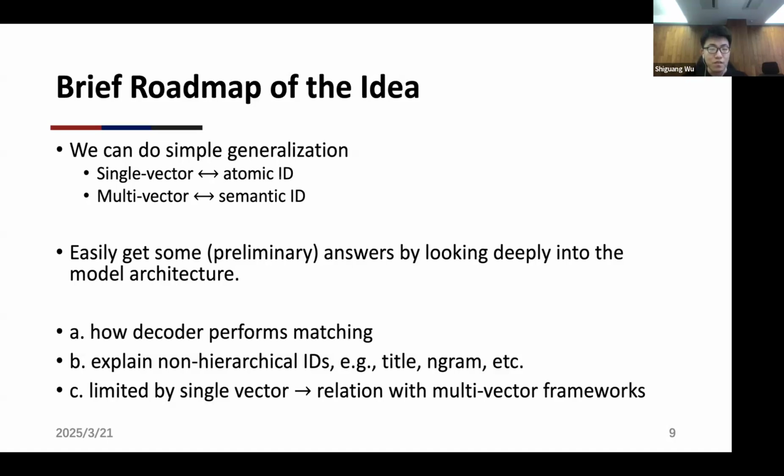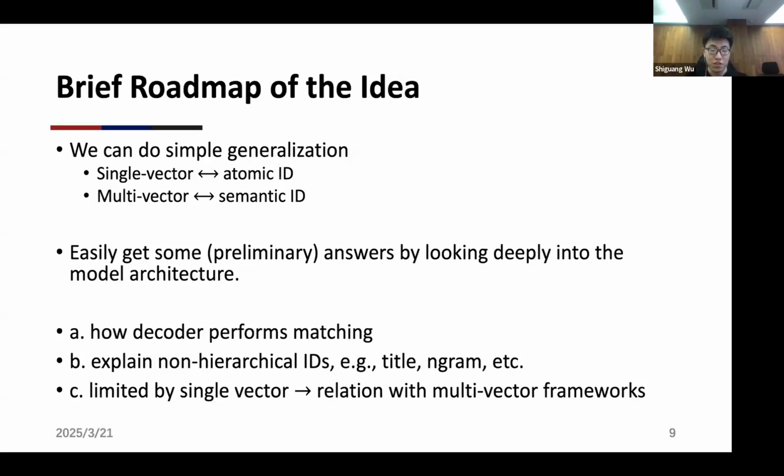And another thing is that if we look deeply into the model architecture, so we decompose what the attention, what the transformer is doing, we can get some more explicit, more useful answers to all these three problems.